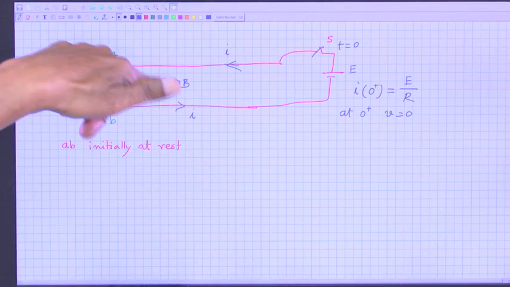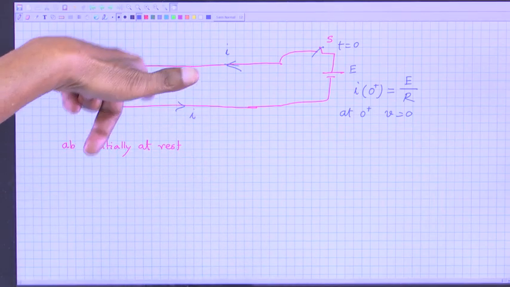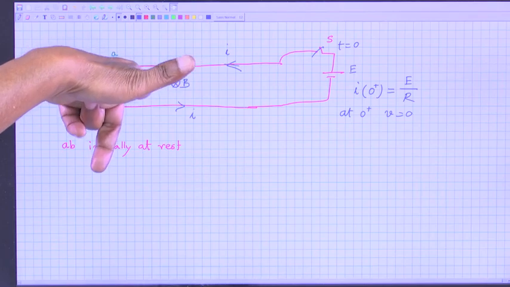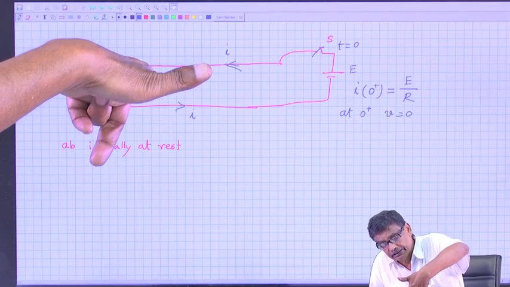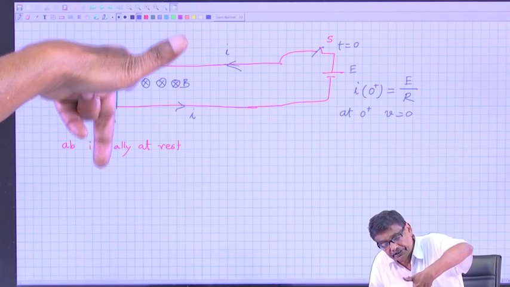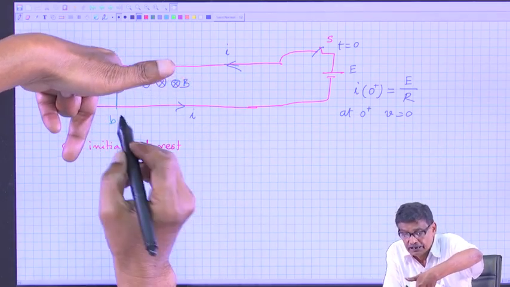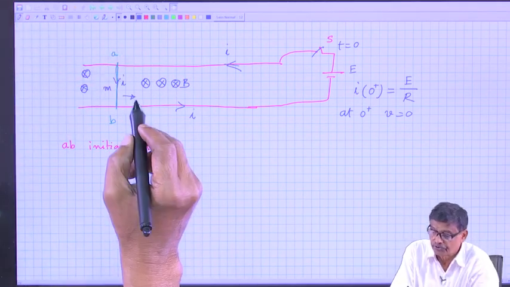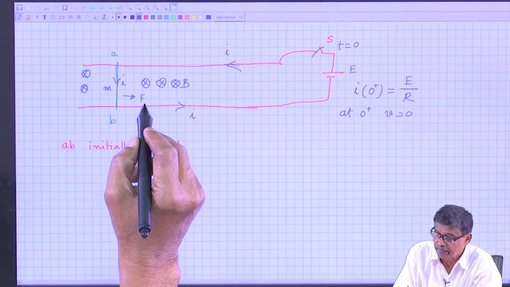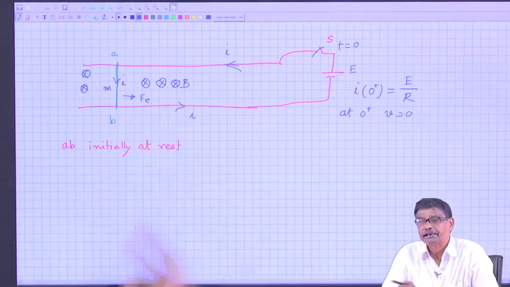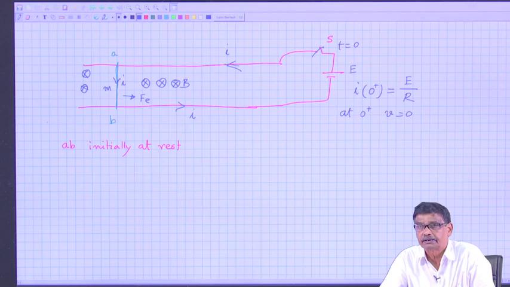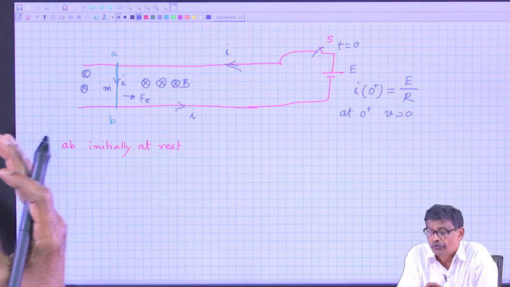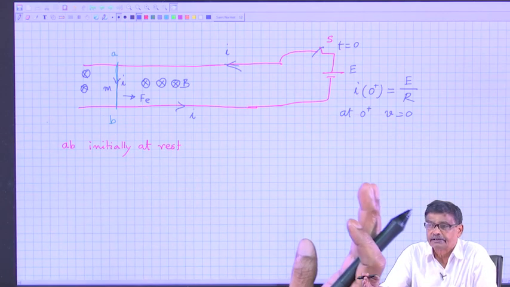So, you see, this is B, this is the direction of I. The thumb will give you the direction of force. This is called the electromagnetic force experienced by the conductor, and in the absence of any frictional force the conductor will try to accelerate.